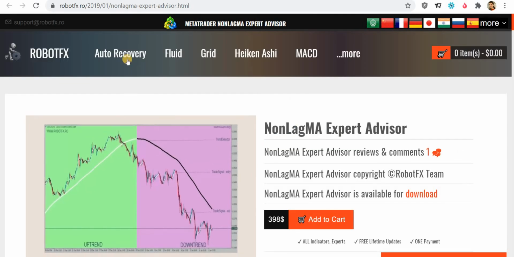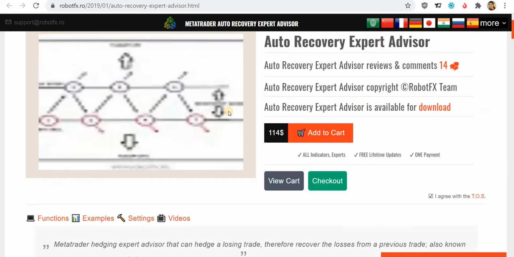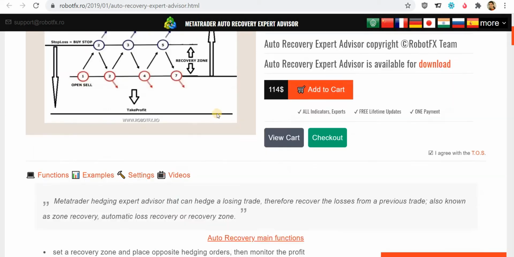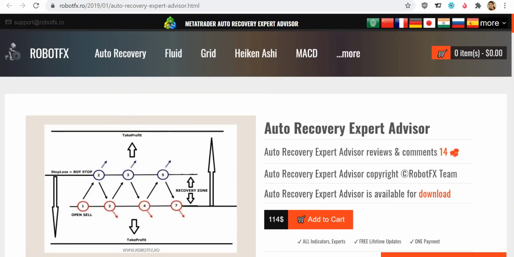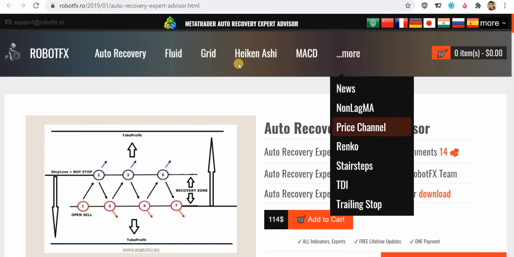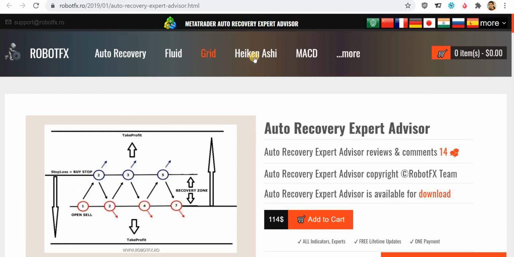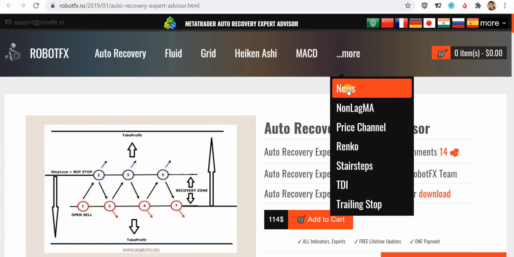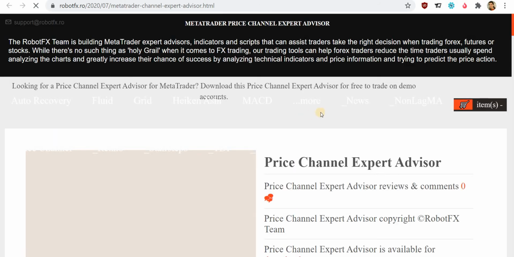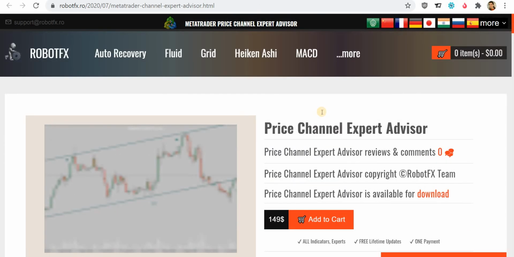And we also have more trading tools for the Metatrader 4, like the auto recovery or hedging expert advisor, fluids, which is also a trend trader, very similar to non-lag moving average, grid, Heiken Ashi, also a trend trader, MACD trend trader, news expert advisor that trades the news, an expert advisor that trades the price channel.